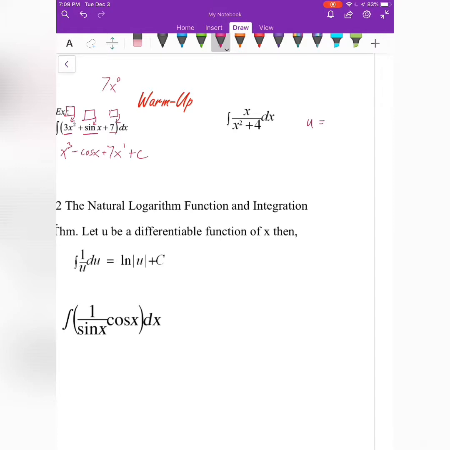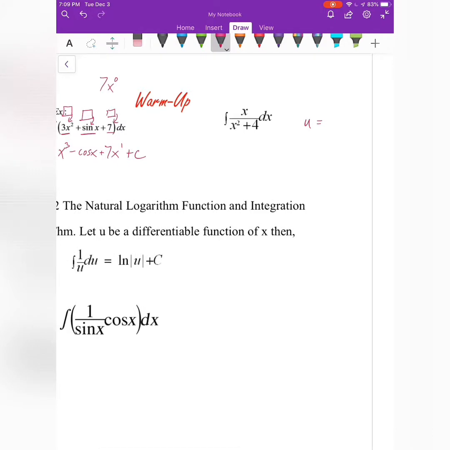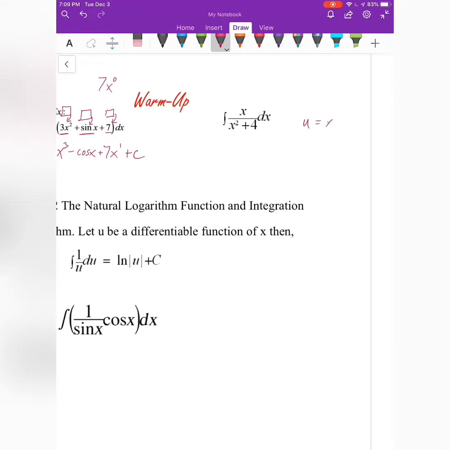So we pick a u whose derivative might be in the problem, and if you do have a fraction, one of your backup moves is just to pick the denominator. I know its derivative, so du would be 2x, and I'm going to put my dx over here. Well, we have an x dx, so I'm going to divide that 2 over, and you'd have x dx.